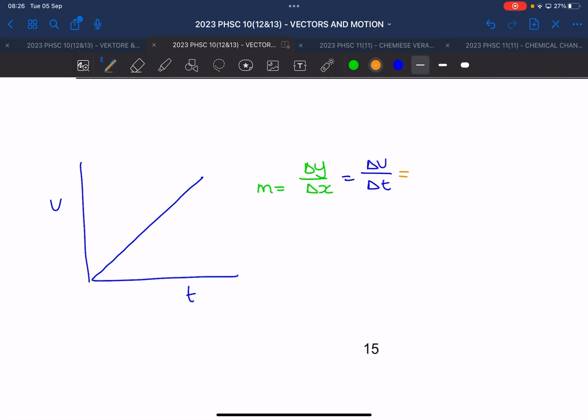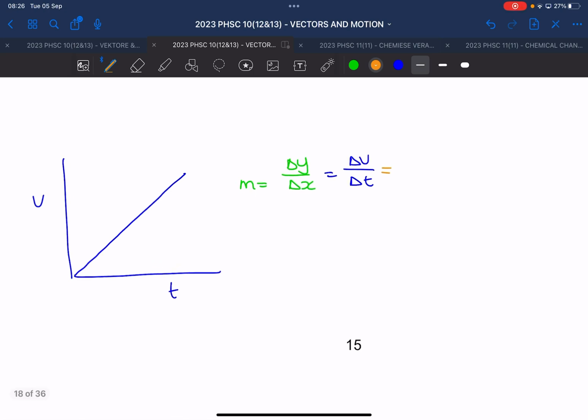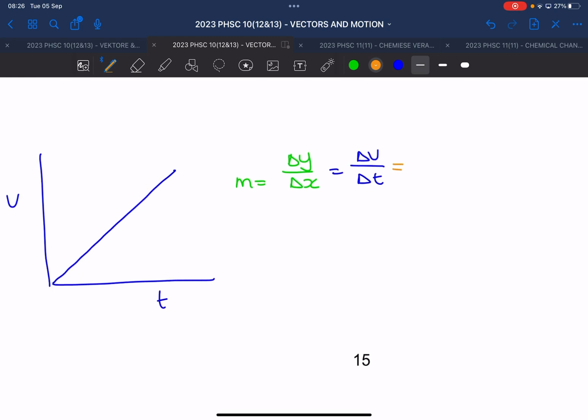Where are we with our question? Flony, what do we measure velocity in? What's the unit for velocity? Okay, meters per second, please.